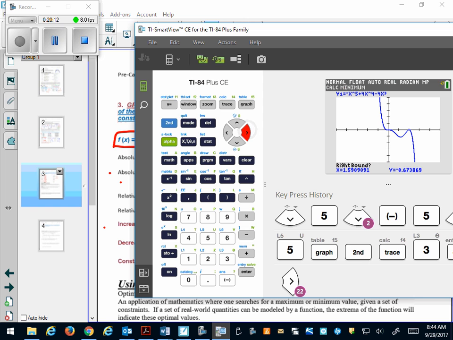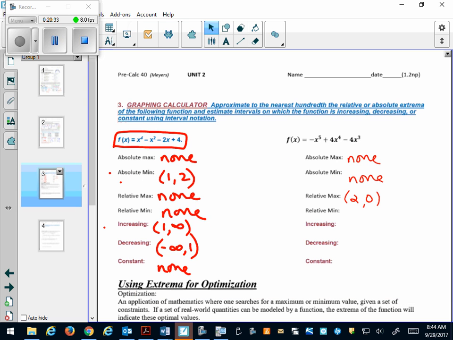Right bound, yes. And then guess. It comes out to 1.2 and negative 1.1. Okay, so if you do that and you zoom in, you'll get a little bit more accurate.